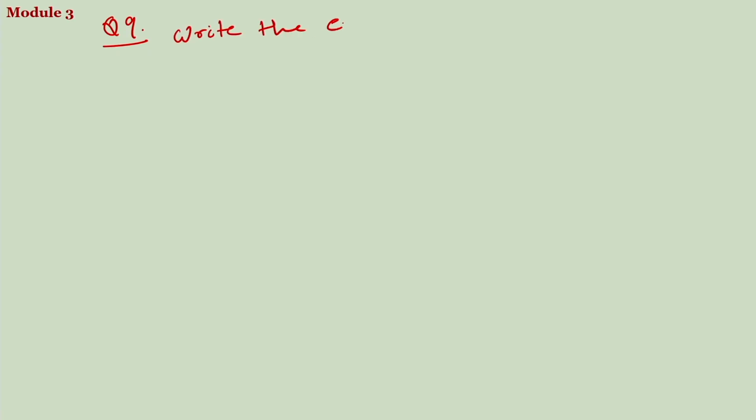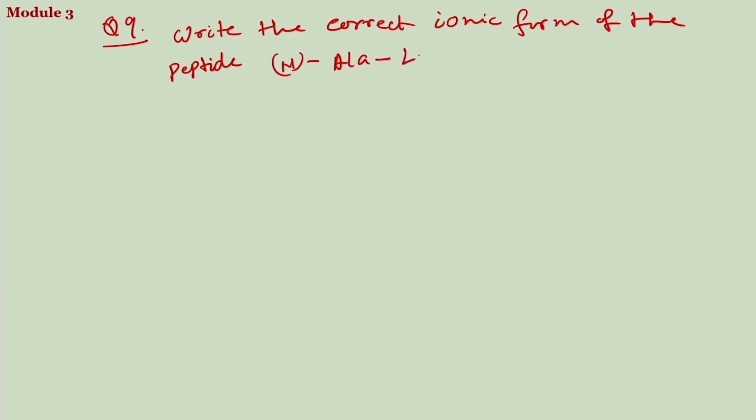Write the correct ionic form of the peptide which is given as N-terminal alanine, lysine, arginine, aspartic acid, and this is the C-terminal.